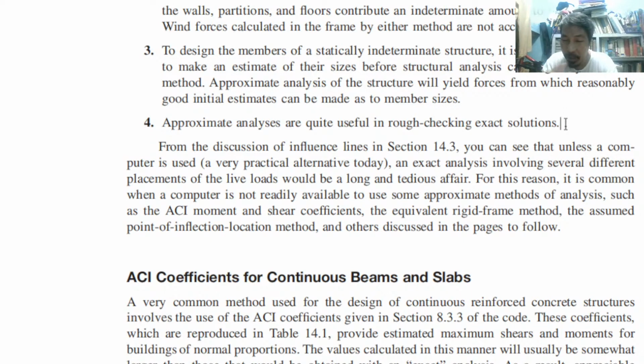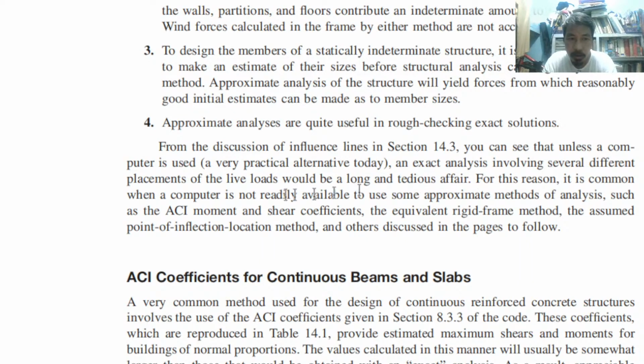You have a computer app, then you don't know if you really have confidence in the result. From the discussion of influence lines, you can see that unless a computer is used, an exact analysis involving several different placements of live loads would be a long and tedious affair.